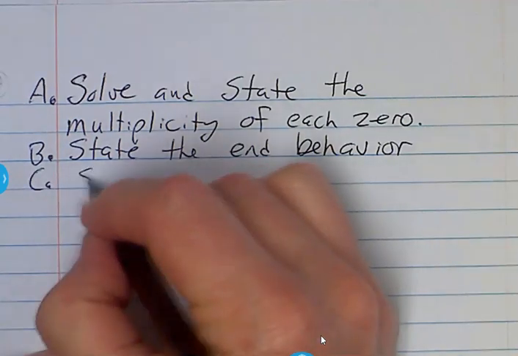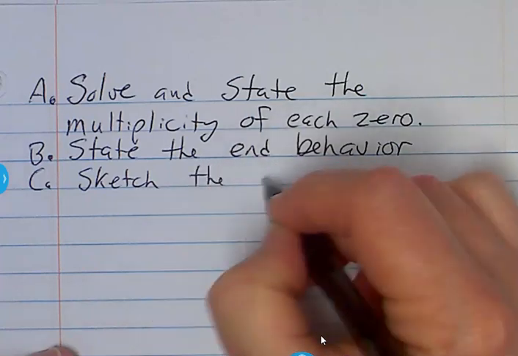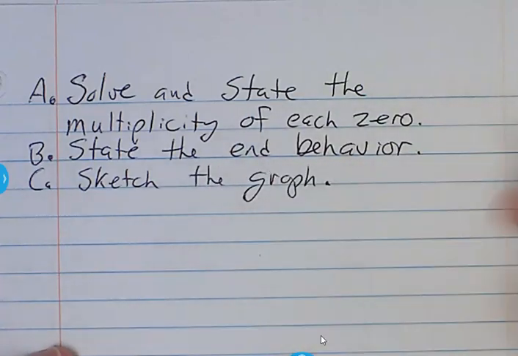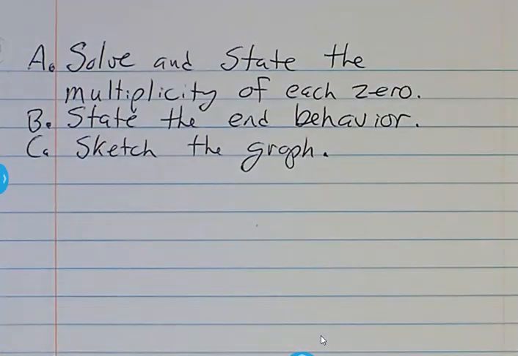And then part C, we're going to sketch the graph. Okay, so we're going to start you off with one that's already factored, just so you can see what's going on with it, and then we'll change it up from there.